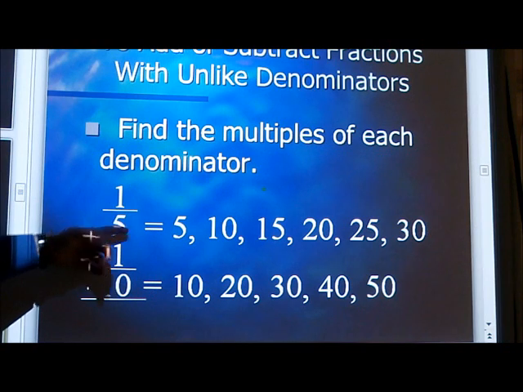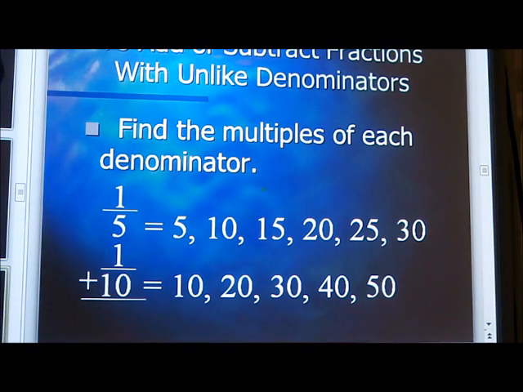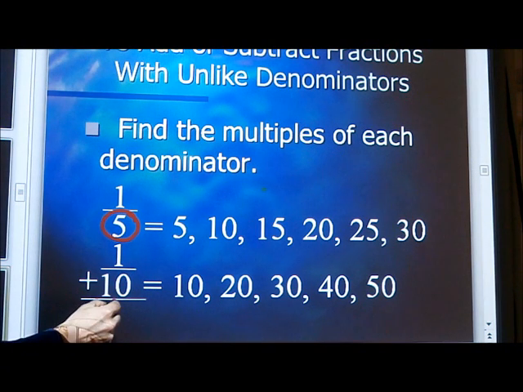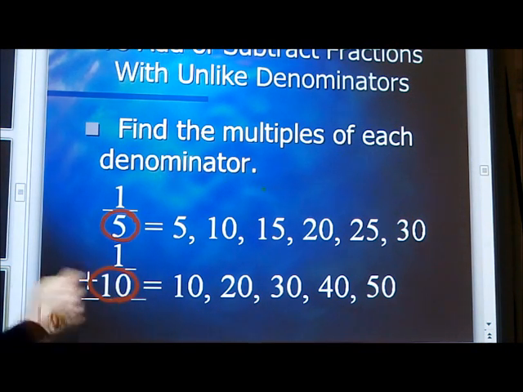So for 1/5, I'm going to take the denominator and write out the multiples of 5. And for this fraction, I'm going to write out the multiples of 10. And ultimately, I want to find the least common multiple, but really any multiple would work.